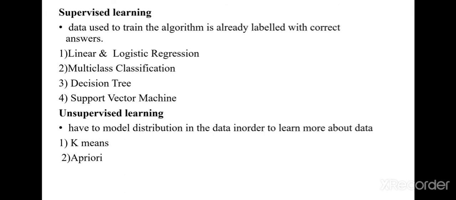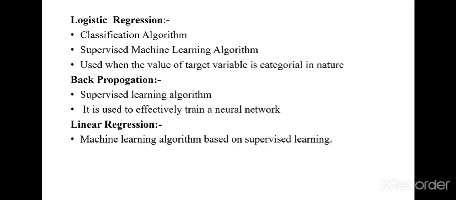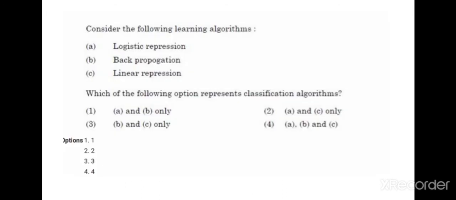And under unsupervised learning are k-means and apriori. So logistic regression, backpropagation and linear regression come under supervised learning algorithms. Almost the majority of algorithms come under supervised learning. So I hope you understand this question.